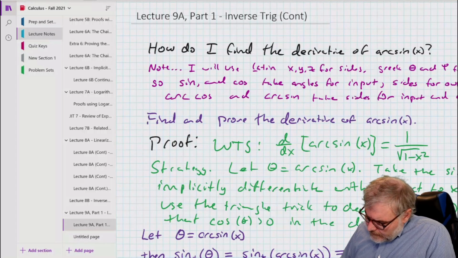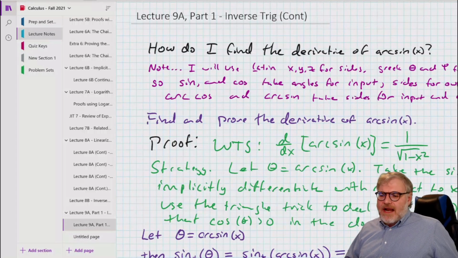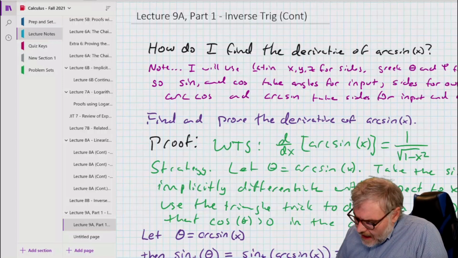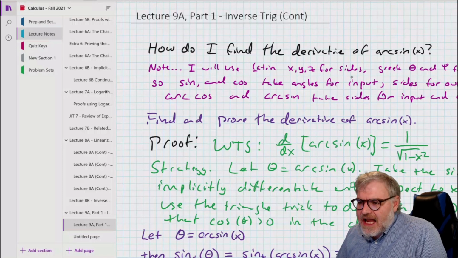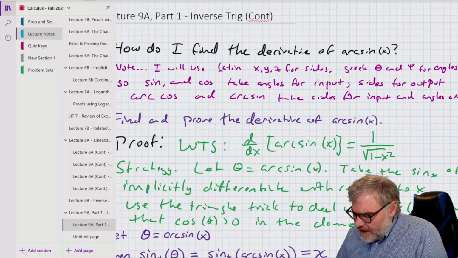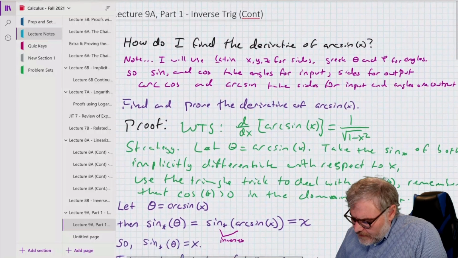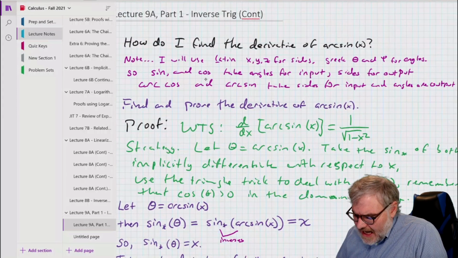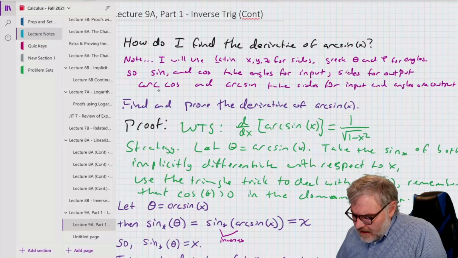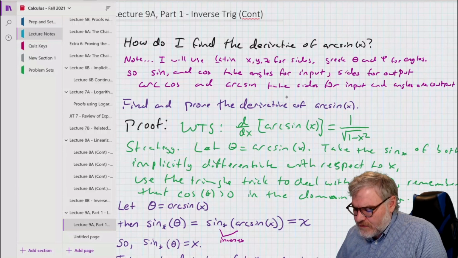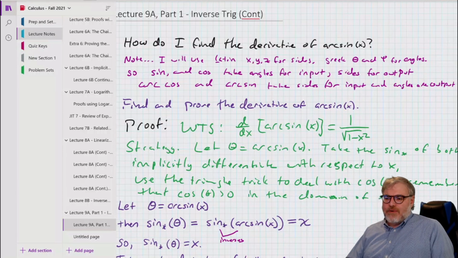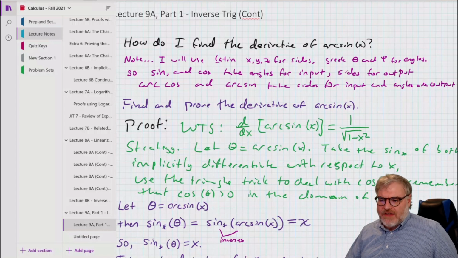Well, what I'm going to do is I'm going to let theta, and this is a convention, right? Just as a convention, I am going to use x, y, and z for sides, and Greek theta and sigma for any angles, okay? So sine and cosine take angles for input and give sides as output, while arc cosine and arc sine take sides for input and give angles as output.